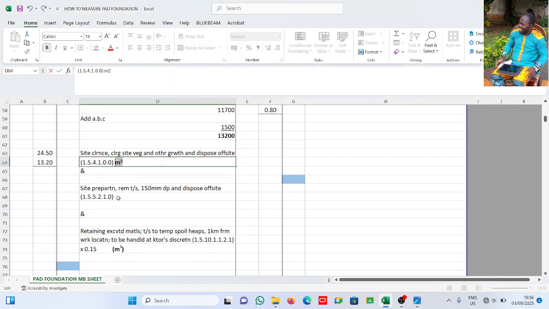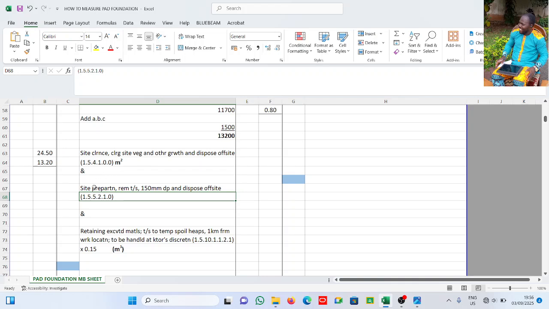That is a square meter item. Now the same way it goes for site preparation, that's topsoil removal. Right? This is site preparation, removal of topsoil 150 mm deep. I've already put the thickness, the depth of the excavation of the topsoil.